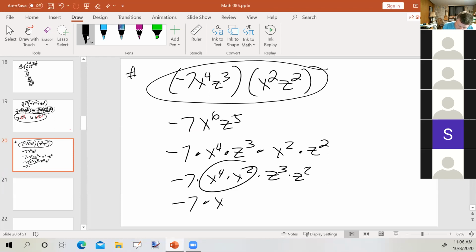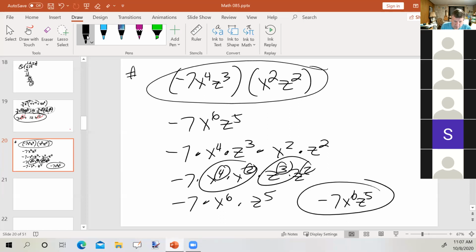So then this would be x to the 6th. This would be z to the 5th. Because here we've got 4 plus 2, and here we've got 3 plus 2. And you're multiplying two powers with the same base. You add the exponents. So that becomes -7x to the 6th, z to the 5th. Okay, thank you. You bet. Did that answer your question in terms of what was going on there? Okay, super. What else?